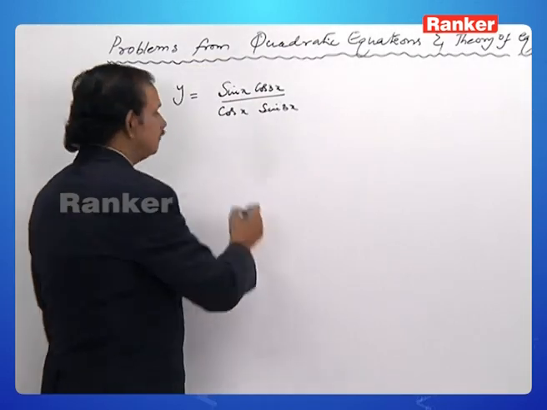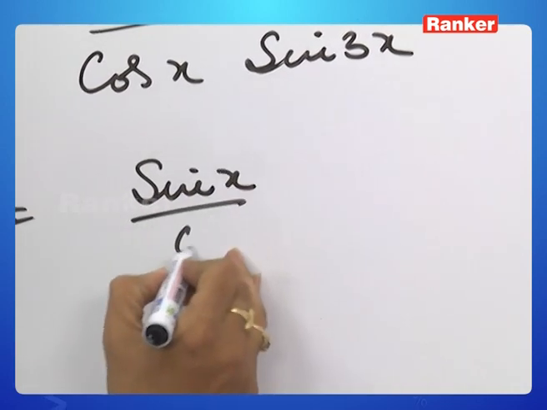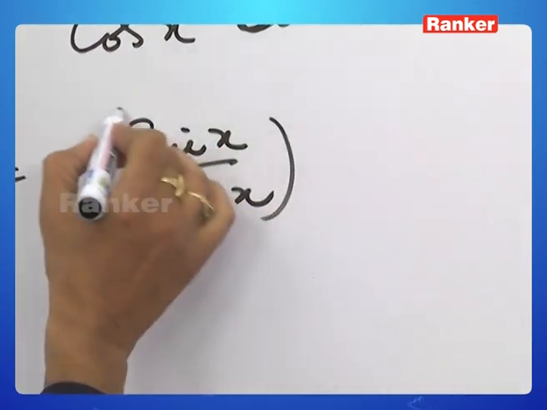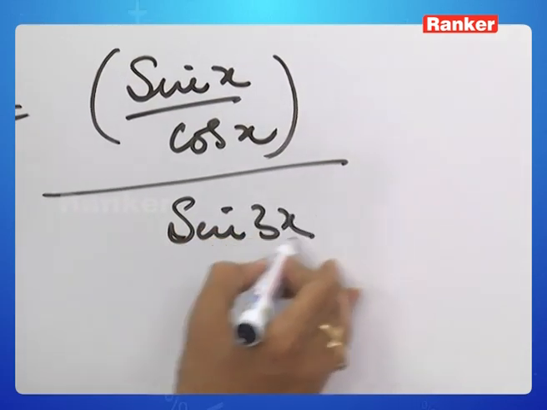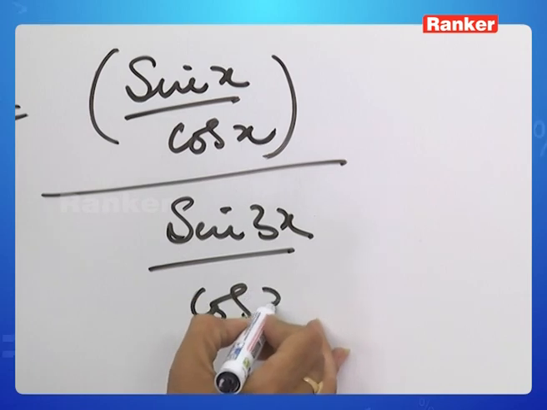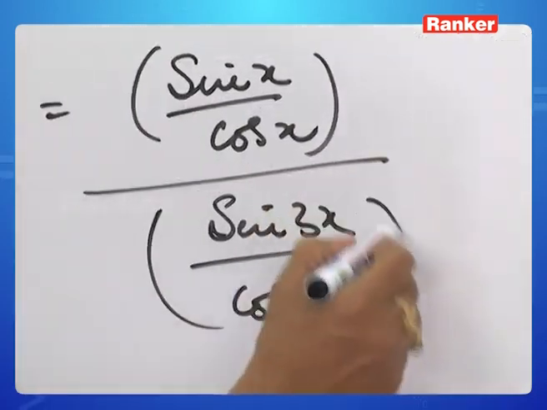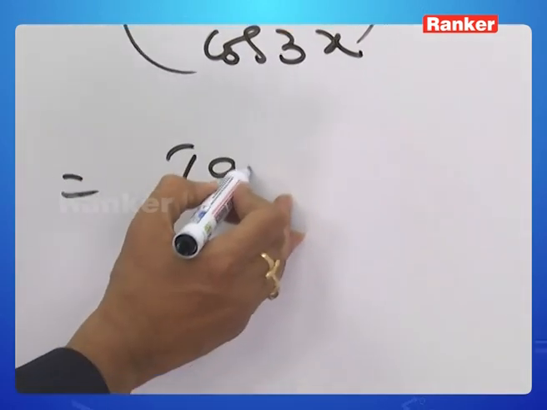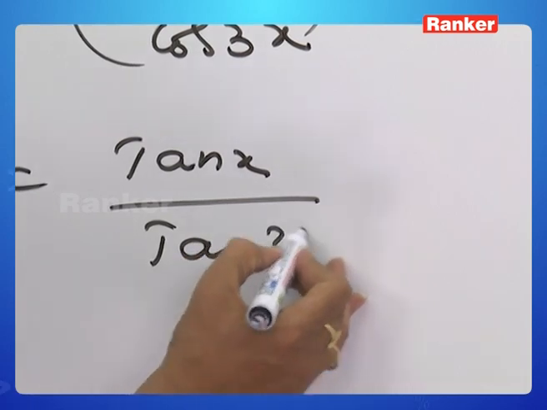Now, this can be taken as sin x by cos x by sin 3x by cos 3x. Again, this can be taken as tan x by tan 3x.